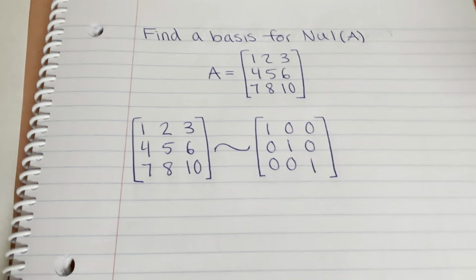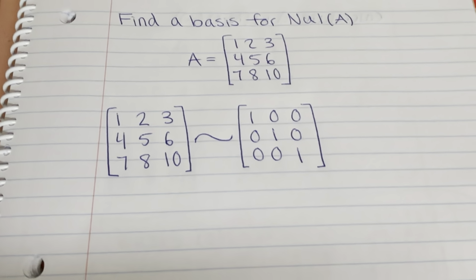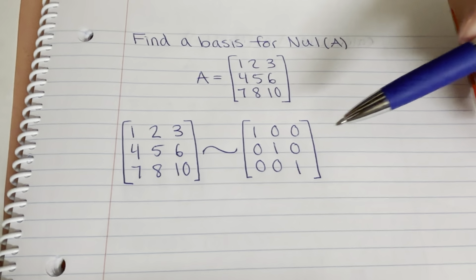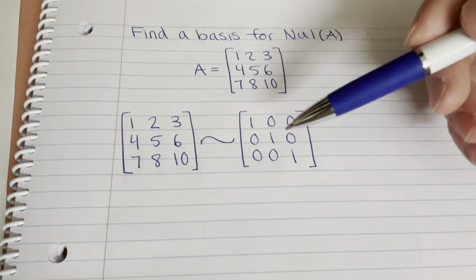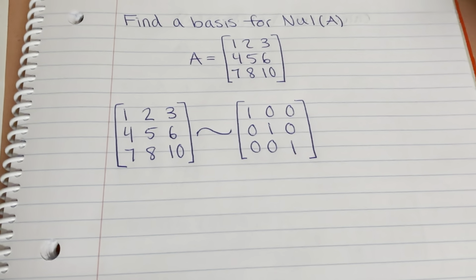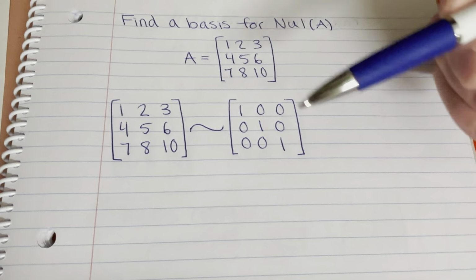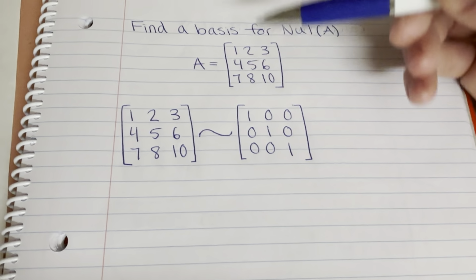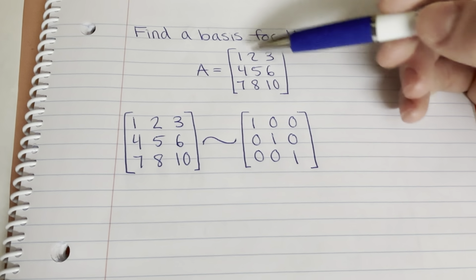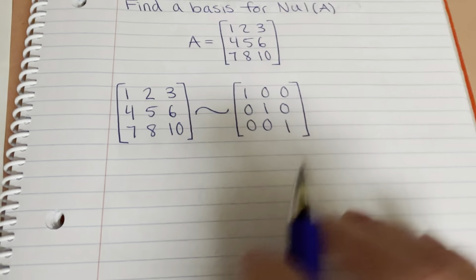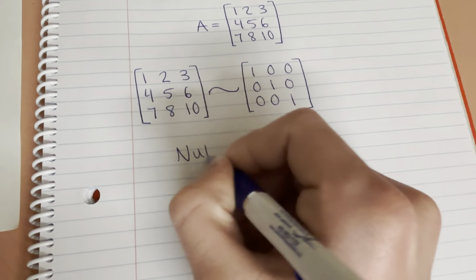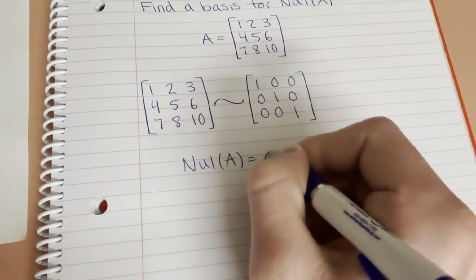So when calculating the null space of A, this answer is just going to be 0 because there are no free variables. If you obtain an identity matrix for the reduced row echelon form of your original matrix, then the null space of A equals 0.